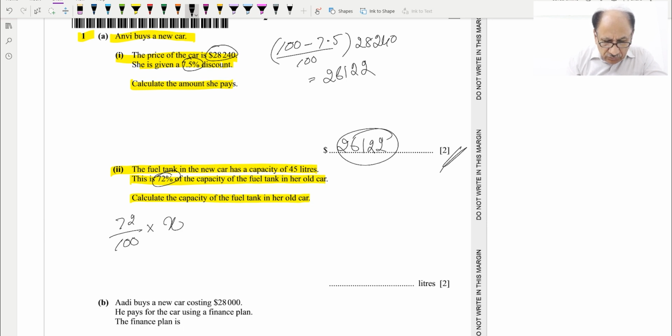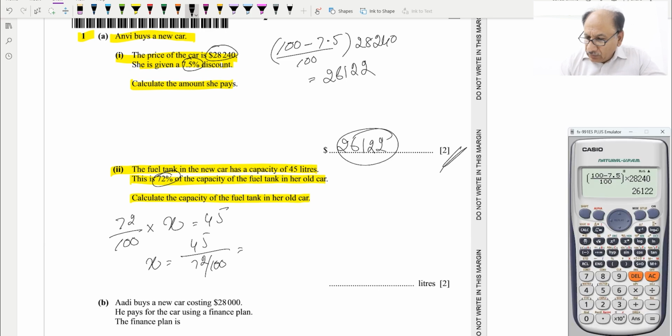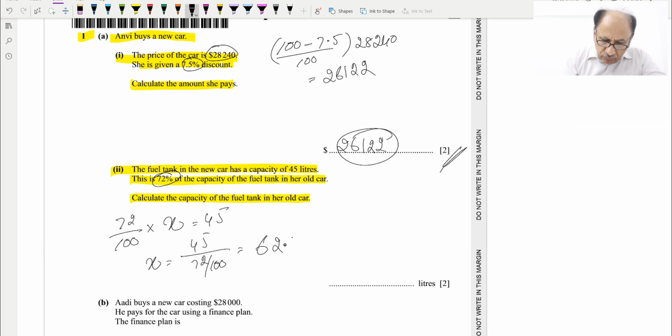So we suppose X is the old capacity, and X will be equal to 45 over 72 over 100, which is 62.5 liters. This is a 2 mark question.